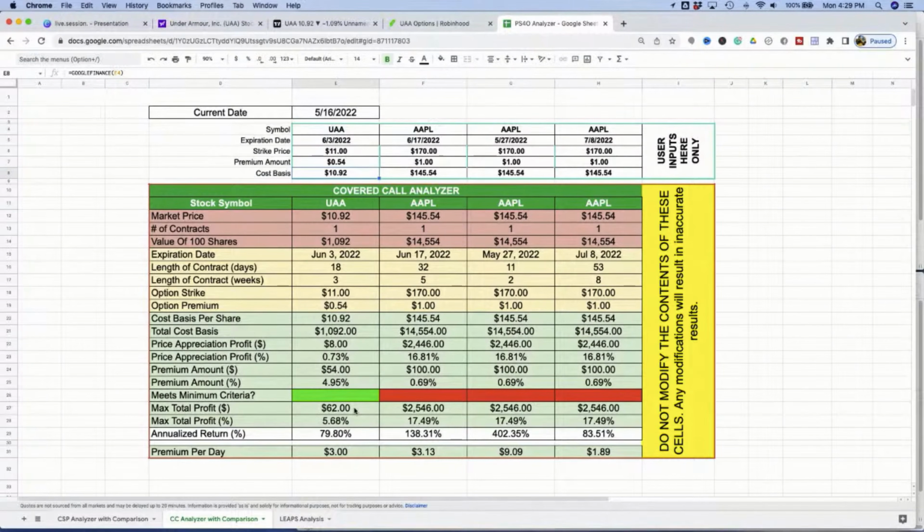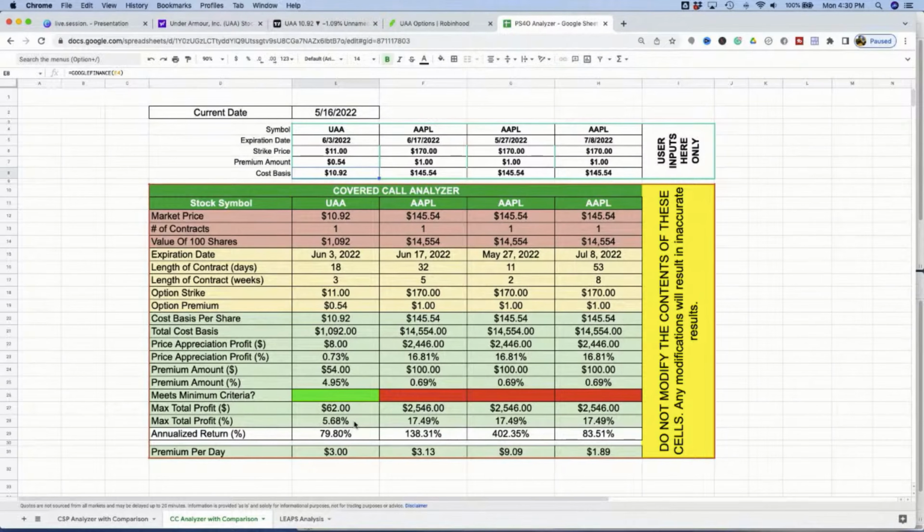So that's a total of $62. And that $62 represents a total profit of 5.68%. And that's based upon the $1,092 I have tied up in my shares when I initially purchased them, right? So that was my cost basis. So in 3 weeks, I made just over 5.5%.